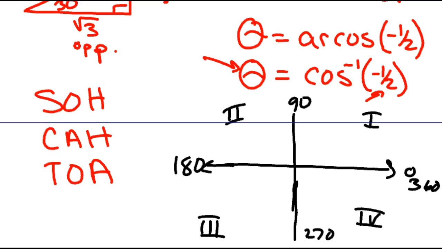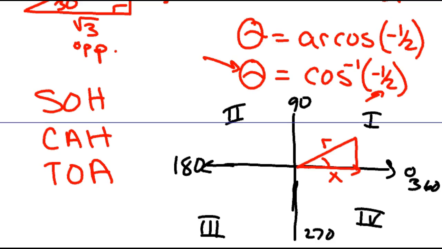Well, remember, if we just drew in all of our terminal sides for each quadrant, cosine, if theta was here, would be x over r in this case. Well, x is positive because it goes to the right, and r is positive because that's the radius of a circle, so cosine would be positive there.